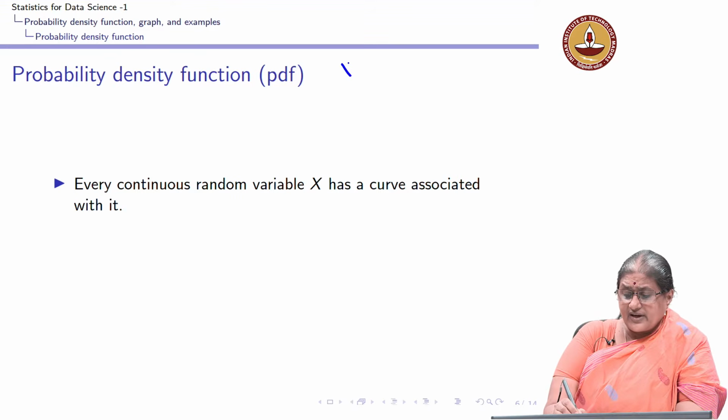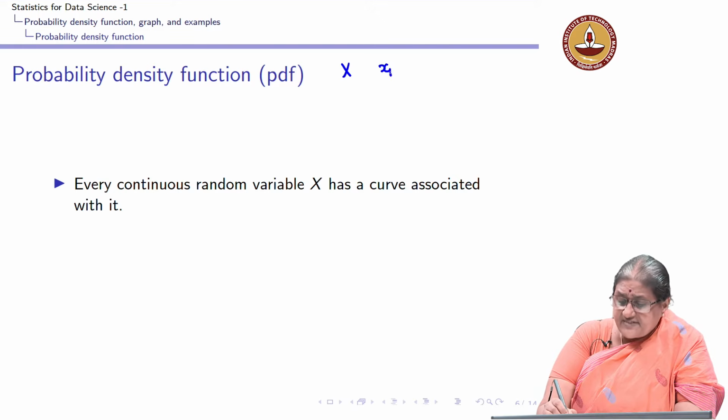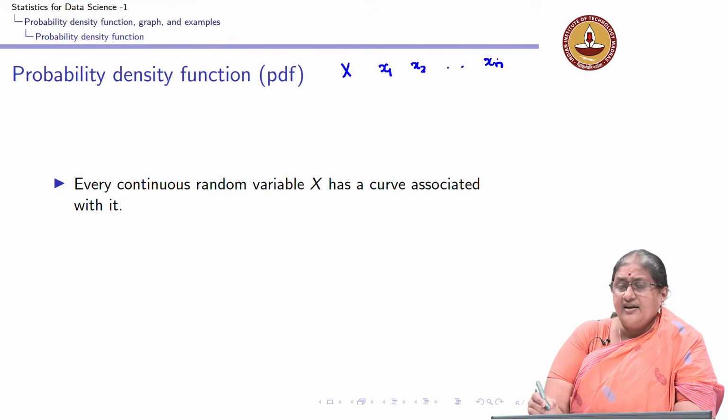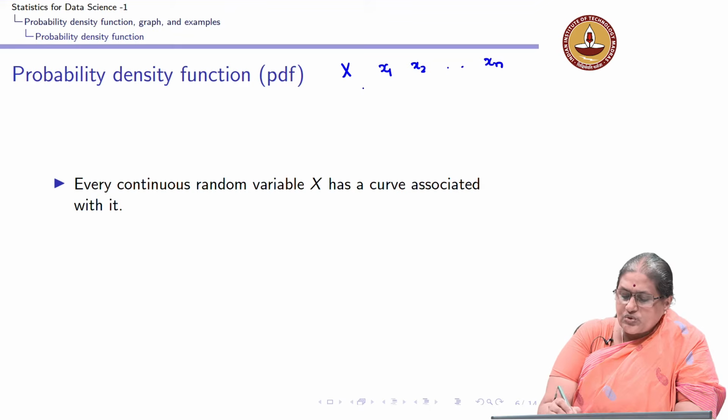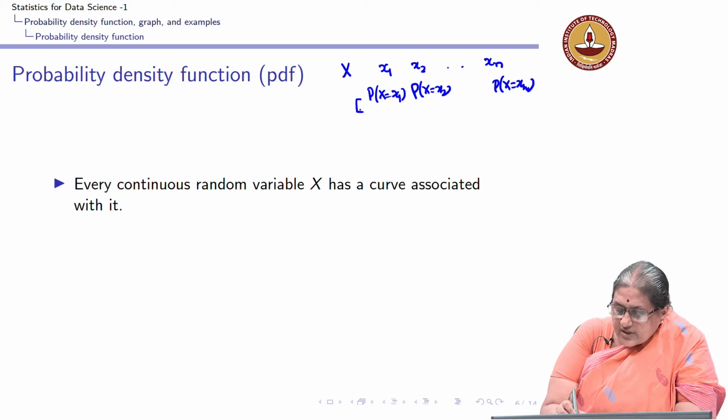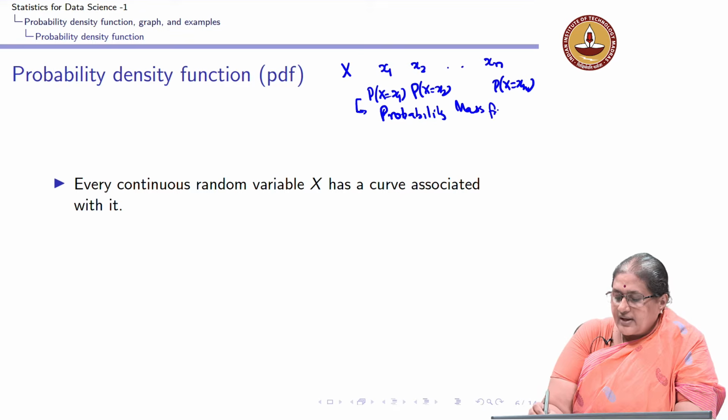Again, recall when I had a discrete random variable, I said x takes the values x1, x2, ..., xn, or if it is countably infinite, x1, x2, ..., with probability x equal to x1, probability x equal to x2 and probability x equal to xn. We refer to this as the probability mass function.